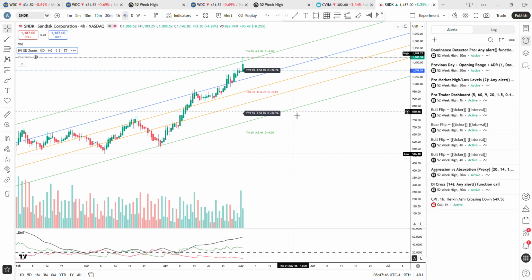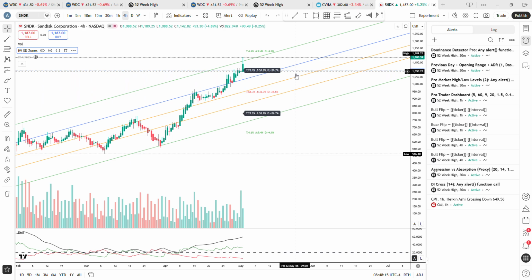Look here. Time spent: this Sandisk stock spent the highest amount of its time at this level and this level. It is color coded in black so that you can understand very easily. So this is a very strong zone, because from a standard deviation time standpoint, this stock spent 53.9% of its time at this level.